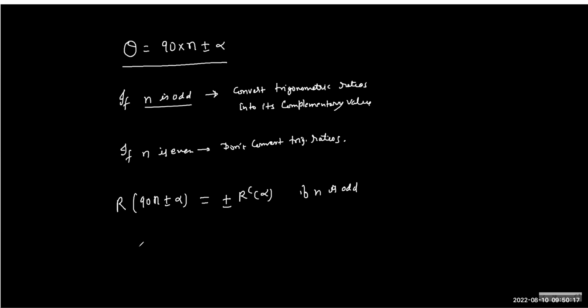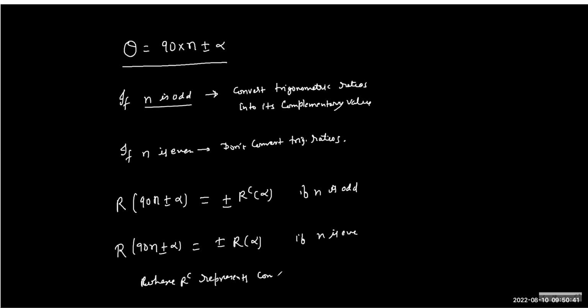I'm trying to create some sort of mathematical formula. And if n is even, the ratio of 90n plus or minus alpha will be some plus or minus ratio of alpha, not taking the complementary, where RC represents the complementary value.